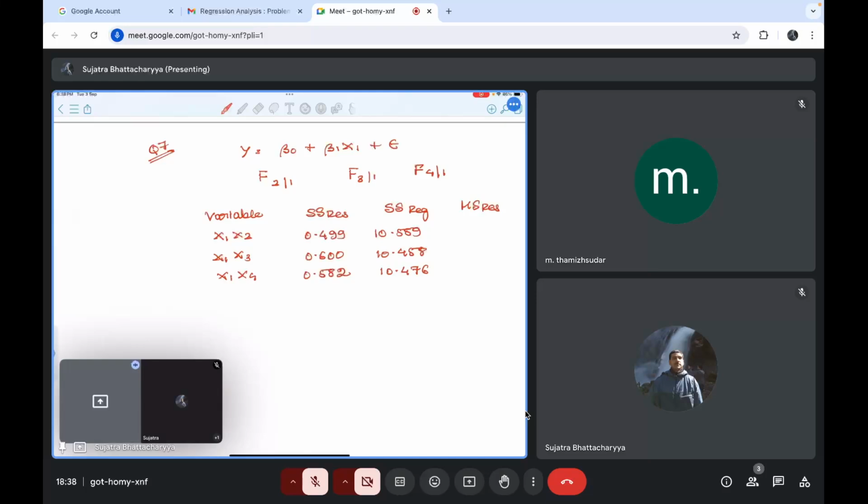MS residual is, see, there are two variables, so the degrees of freedom of SS residual in all these cases will be 31 minus 3, which is 28. So I have just calculated this. It is 0.0178, 0.0214, and 0.0208. Okay, these are already being seen.